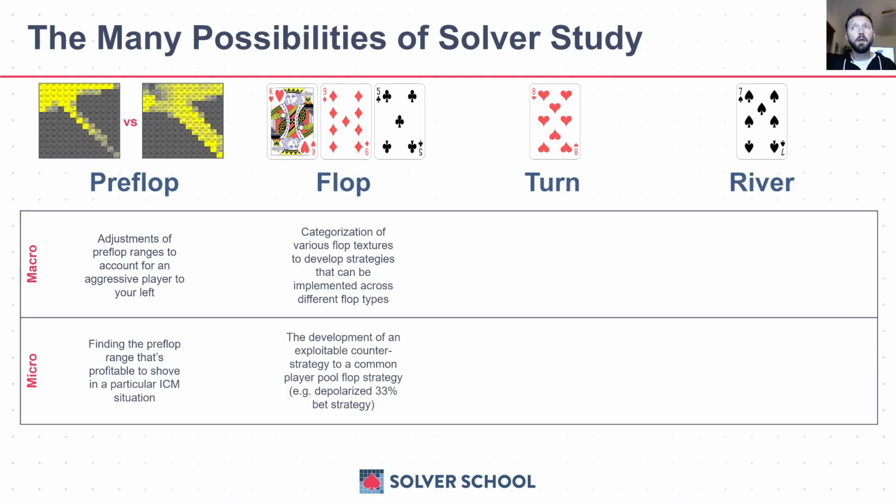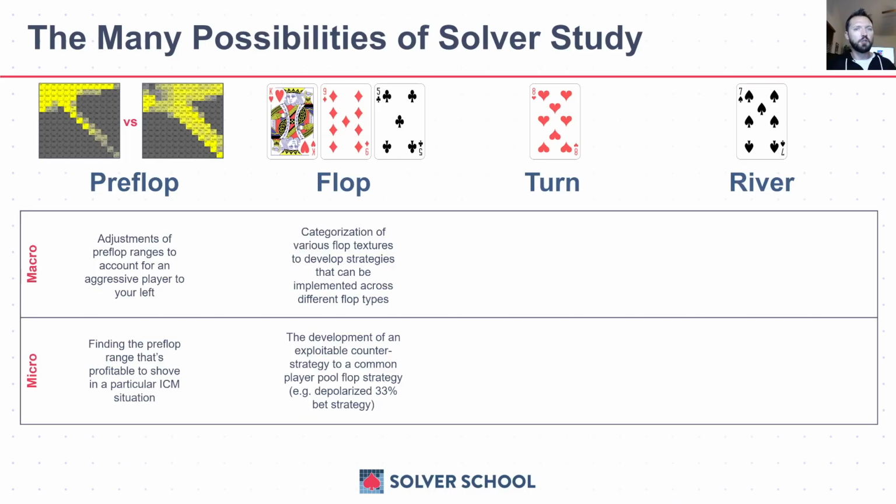Moving forward to the flop, and this is an area where I've spent a ton of time, at that macro level, we can start trying to categorize different flop textures and develop strategies that can be implemented across different flop types. There's 22,100 different flops, of which 1,755 of them are strategically different.